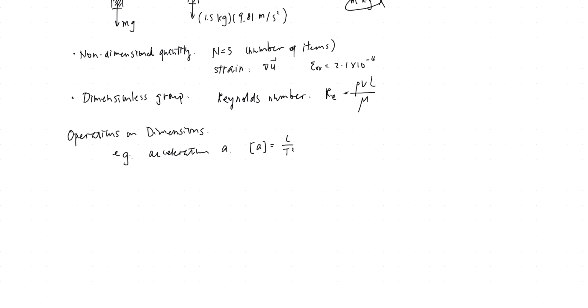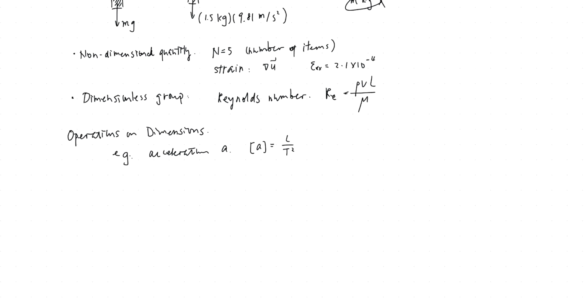Being able to operate on dimensions helps us to recognize the relations between different terms and also the meaning of each quantity. Before we look at a few examples, let's figure out how to write the dimensions of a derivative and an integration.